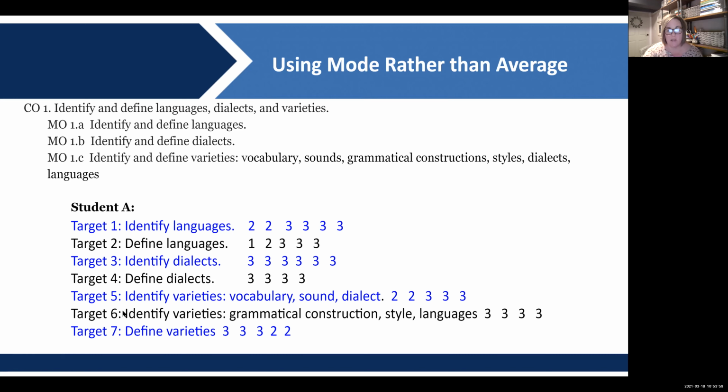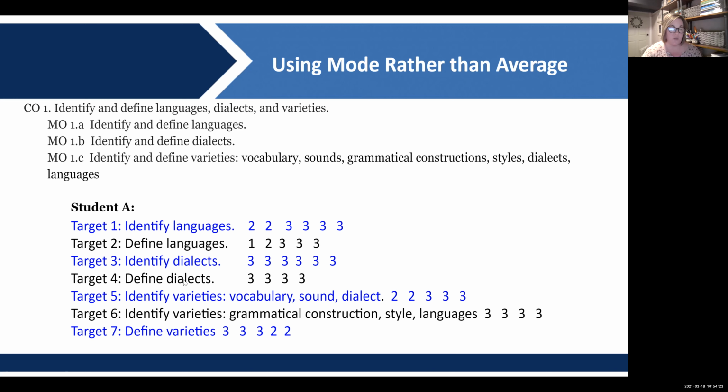Each time I assessed these very discrete targets, I documented how students were doing. And at the end of the semester, comprehensively, this student has actually met my course outcome, identifying and defining languages, dialects, and varieties.